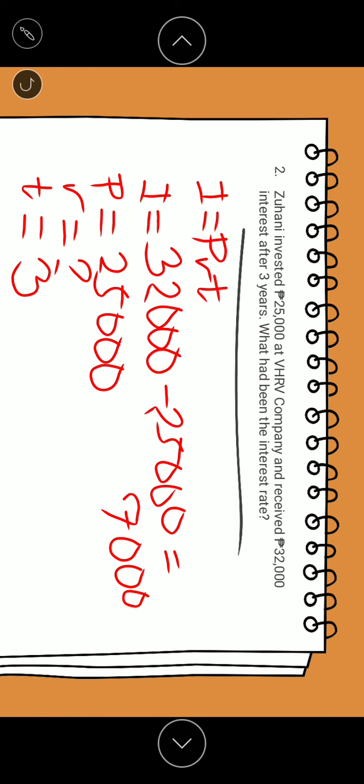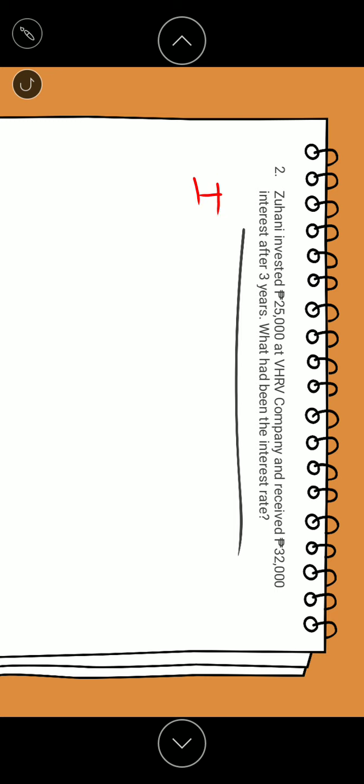After the given facts, let's start to solve. First, write down again the formula, which is I equals P R T. Second, substitute all the given values to the formula.